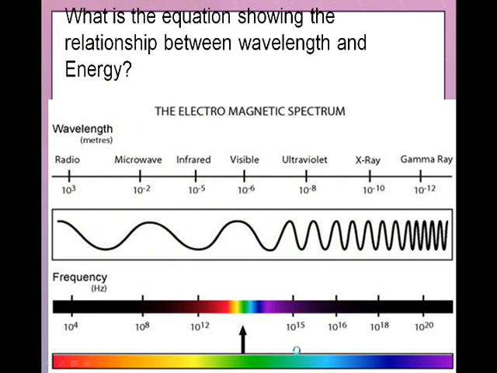Now, what is the equation that shows us how to get the amount of energy? What you will notice here is that with this electromagnetic spectrum, we have some kinds of energy, some little packets of waves of light.